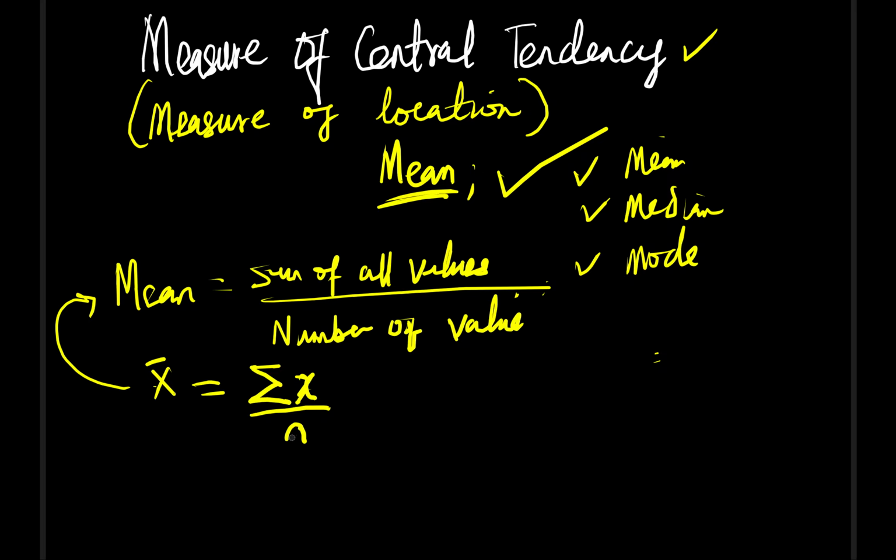Do you understand what that means? This sum of x stands for the first part I wrote, the sum of all values, and this small letter n stands for the number of values.